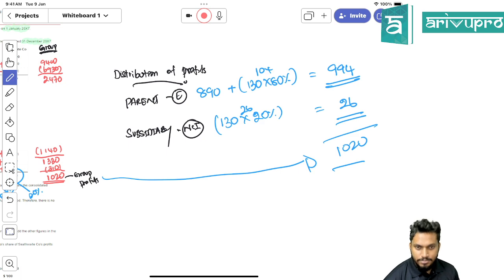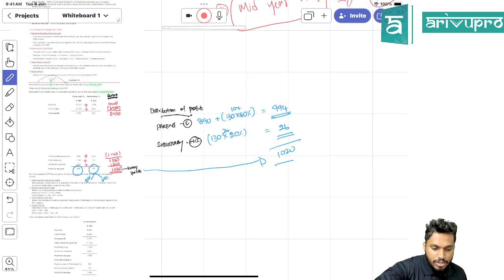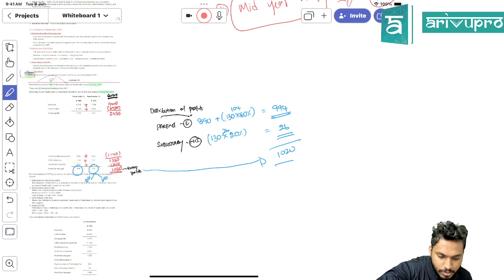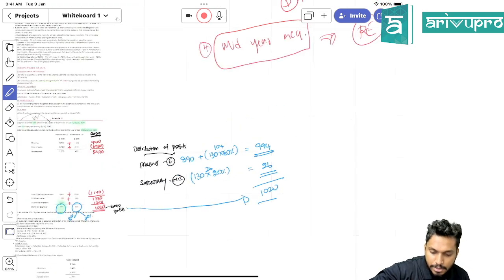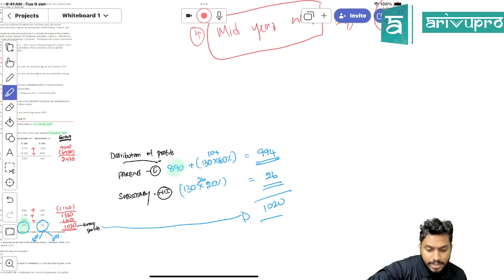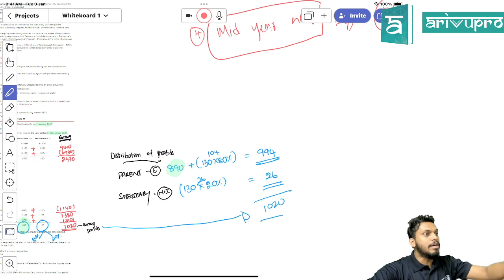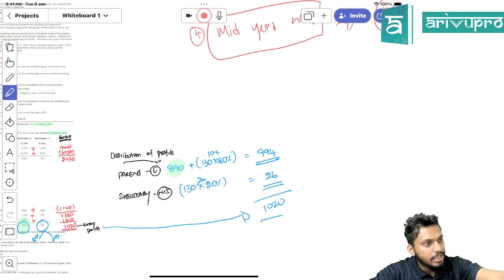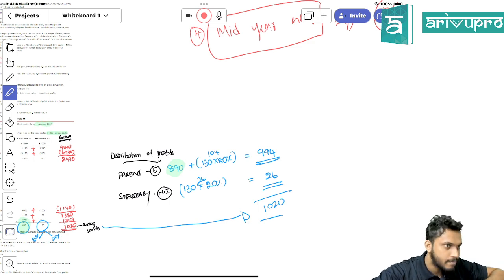Shall I explain it again? When you are distributing your profits, your parent profit is 100% belonging to the parent, not anyone else. Because will I share my profits without anyone investing? Let's say I am investing in my company and I am earning 890. Will I give it to you? I won't give it to you. Now let's assume in your company I am investing 80%. So which means 80% of your profits belongs to me.